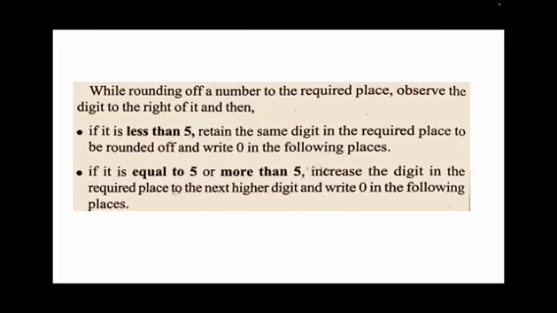If it is equal to 5 or more than 5, increase the digit in the required place to the next higher digit and write 0 in the following places. This we have tried to apply in problems with respect to rounding off the numbers to the nearest tens place, hundreds place, and thousands place, children.